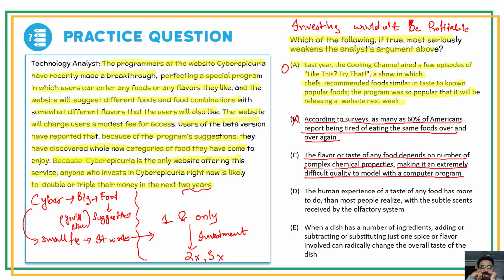If you are telling me that people should invest in Cyber Epicuria because they're going to double or triple their money, that it's the only website doing this, and it works, and if I have to undermine what you're saying, which is what the question is asking us to do, and I say that the flavor or taste of any food depends on a number of complex chemical properties, making it an extremely difficult quality to model with a computer program, you can simply say, well, that's what I started with, that the programmers at Cyber Epicuria have recently made a breakthrough.